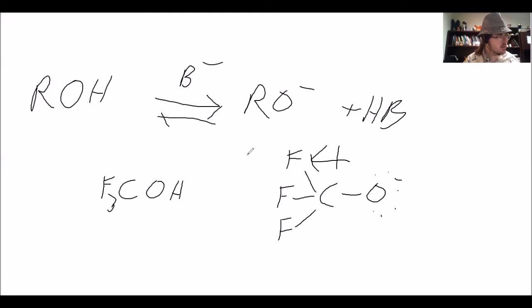Now, you can often form alkoxide by using a metallic base, depending on what you want.